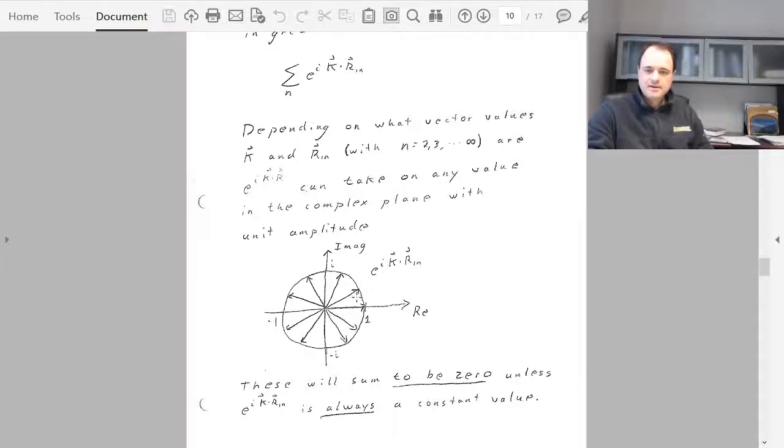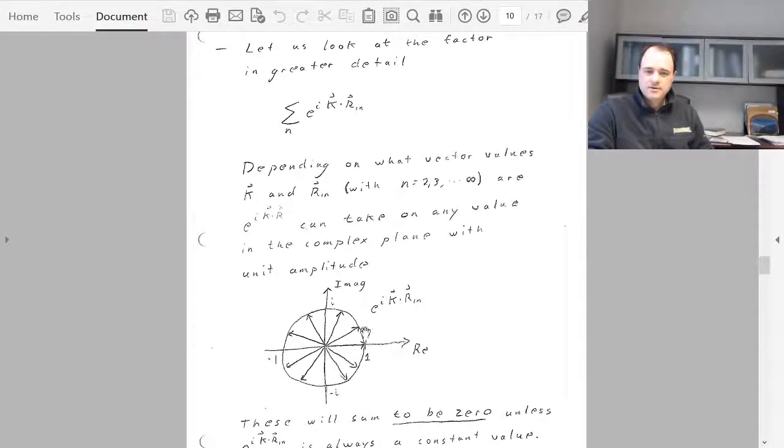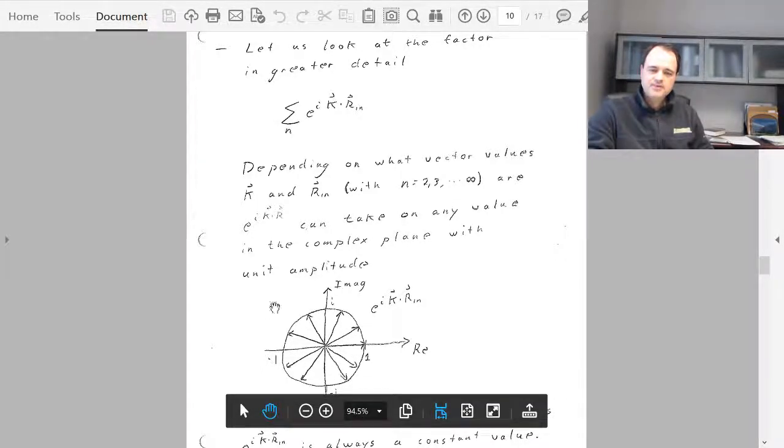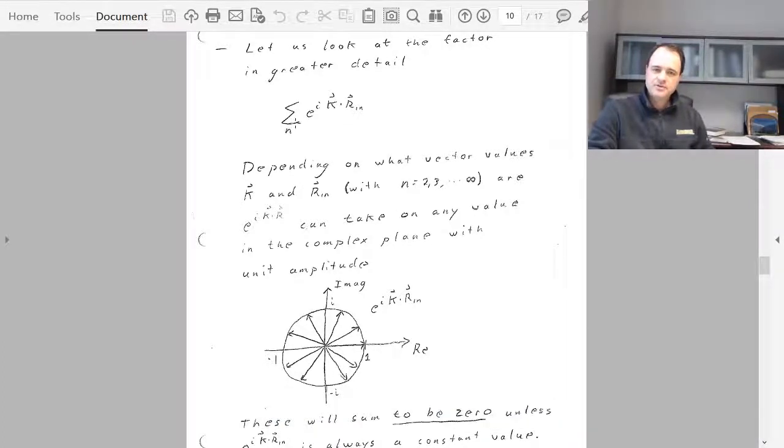All right? And so as we do this sum, you'll have a term that might be here, here, here, here. And when you do an infinite number of these, the resultant will tend to go to the geometric center of this, namely 0.